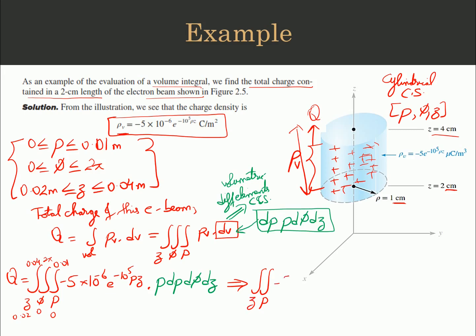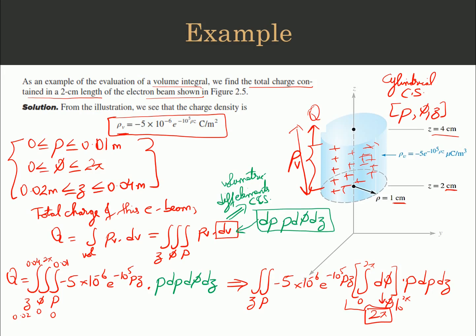Then the value will be minus 5 into 10 raised to power minus 6 e raised to power minus 10 power 5 rho z, and then I integrate for phi from 0 to 2 pi with d phi, and the remaining differential elements rho d rho and dz remain. Once I integrate this with limits from 0 to 2 pi, d phi changes into phi, and the limits give the result 2 pi.